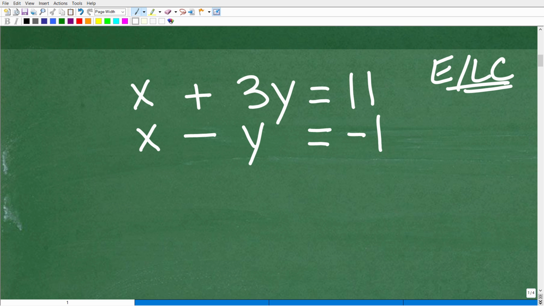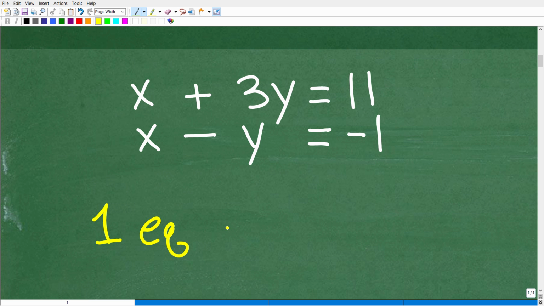Now, let me just show you here the setup for the substitution method. What we want to do here in both methods is get rid of one variable. Here we have two variables. The goal here is to get one equation with one variable.